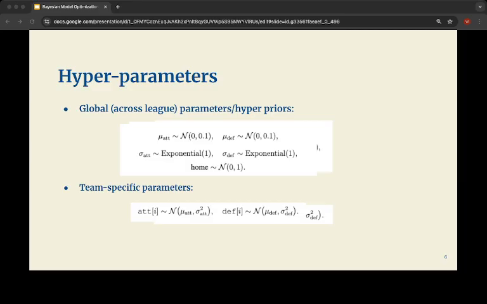And we also added the home advantage to the global parameters. For team specific parameters, every team has its own attack rating and defense rating. Since these parameters are drawn from a normal distribution with the league level mean and variance, the model partially pools teams' ratings toward the global average to reduce overfitting.